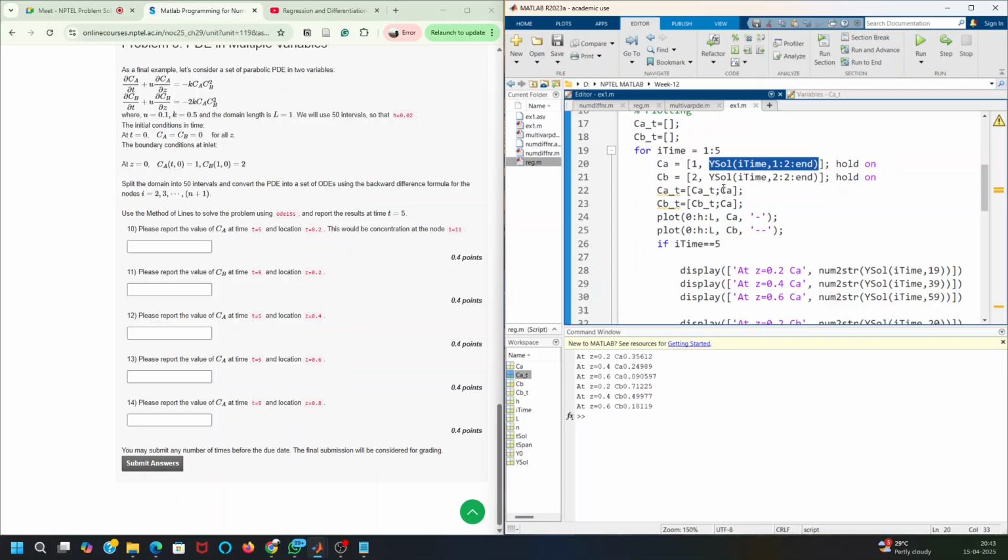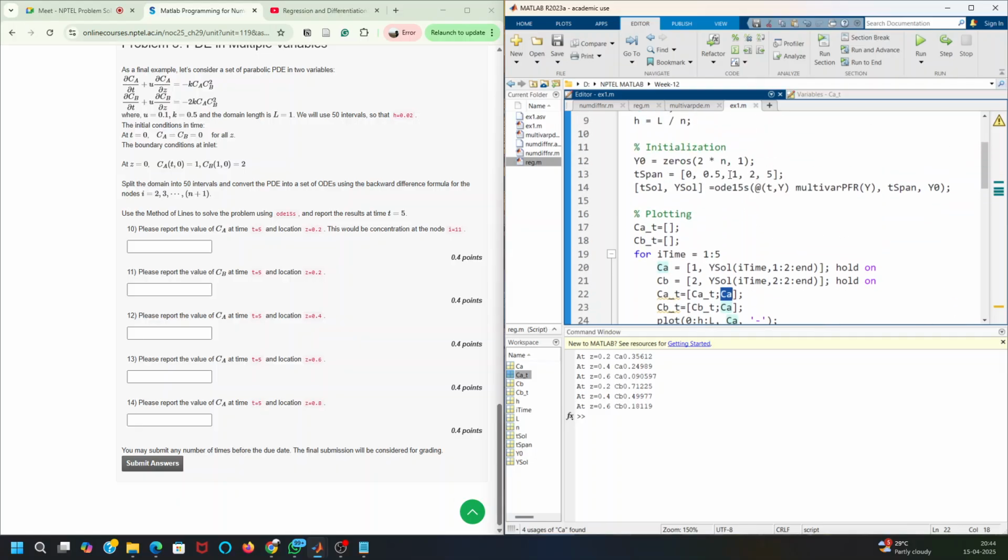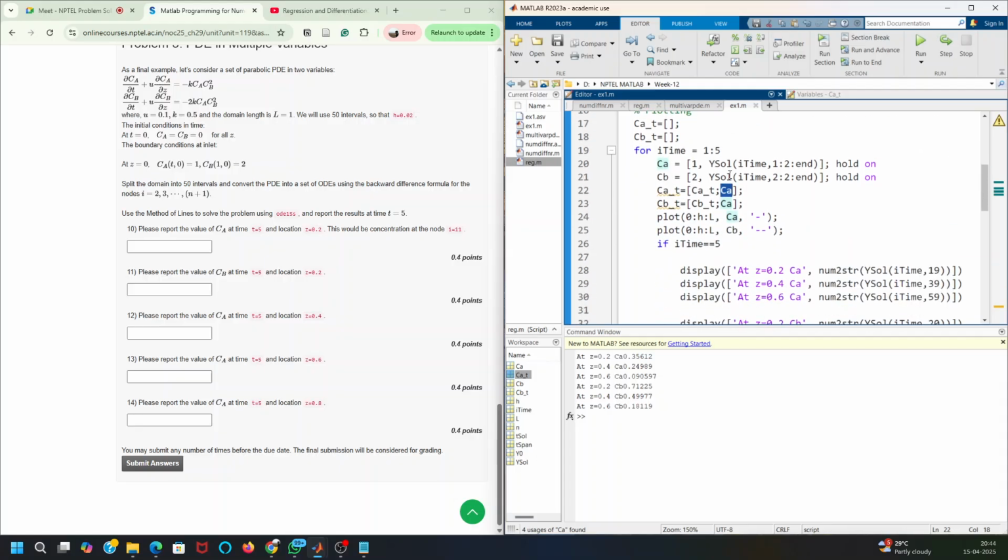I don't want my boundary value to be plotted. I'm not including the boundary value.